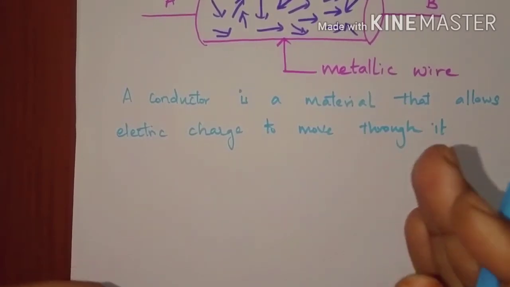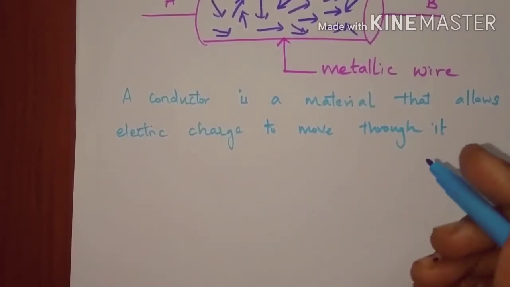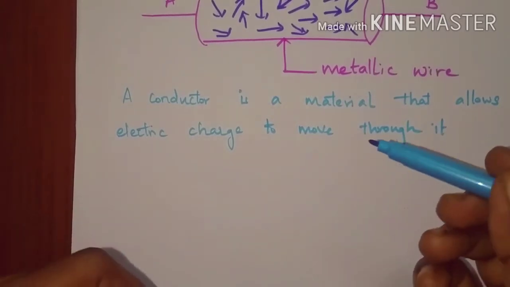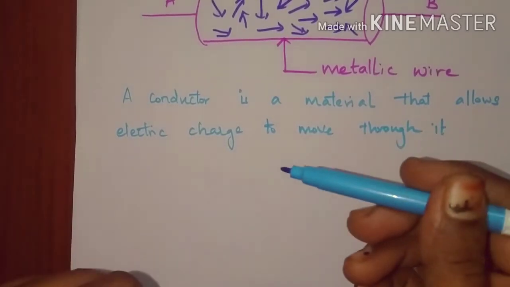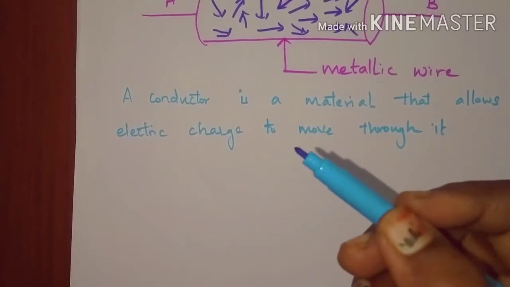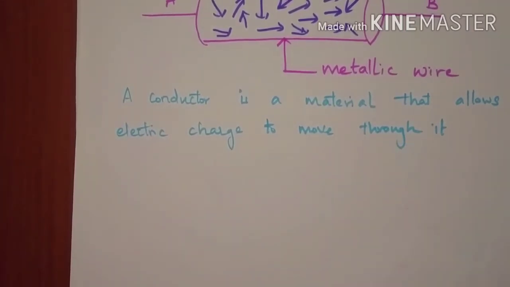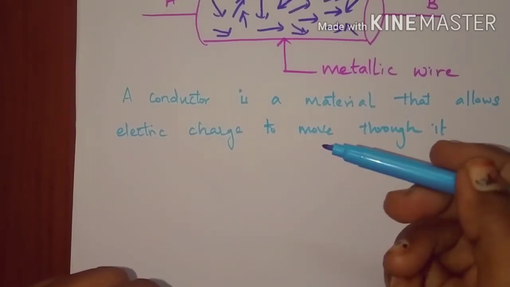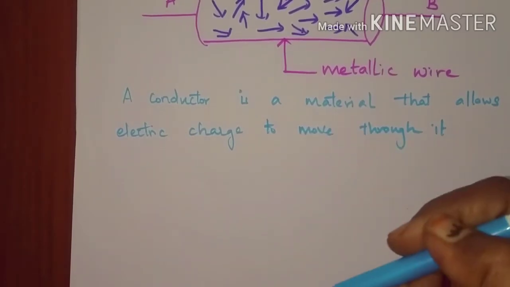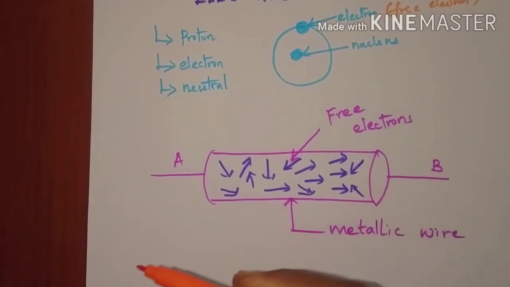Normally, the charges tend to be electrons. These free electrons are aligned in one direction, so the movement of these free electrons is termed drift, drifting of electrons or drift speed of electrons. This drifting of electrons causes an electrical current from one terminal to the other terminal.